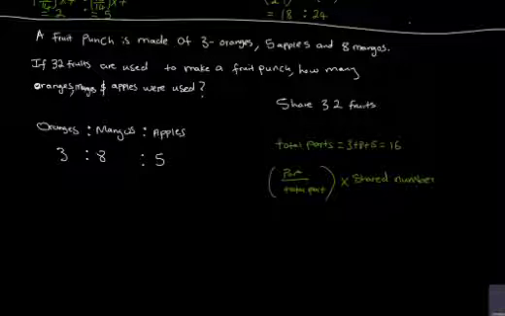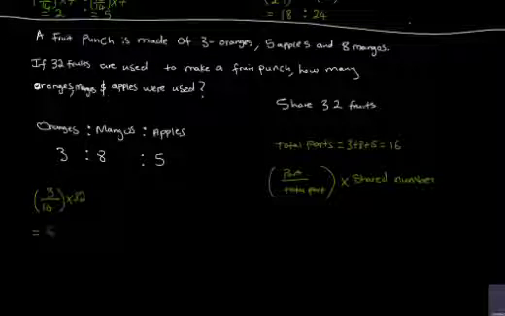So we're going to apply that. We're going to say 3, which is the part, over the total part, which is 16. All of that is going to be multiplied by the number being shared, that is 32, and that is going to be equal to 6.